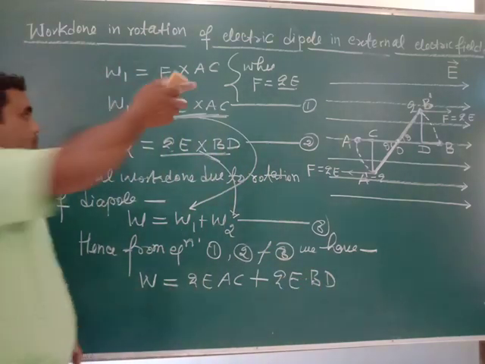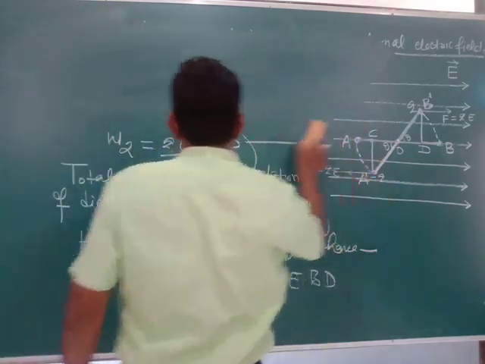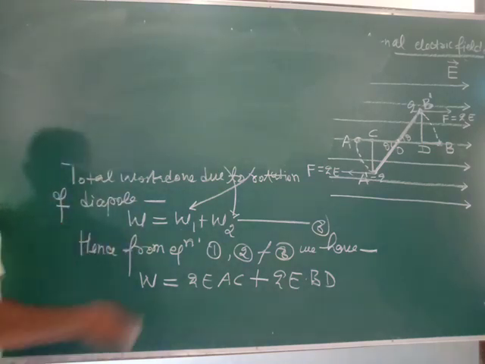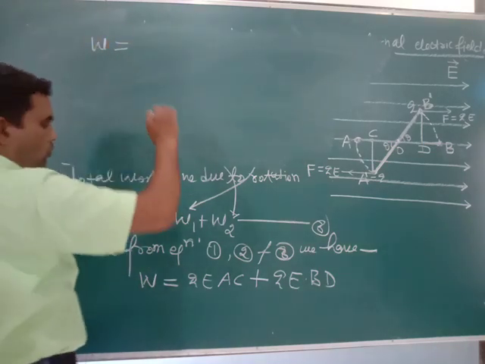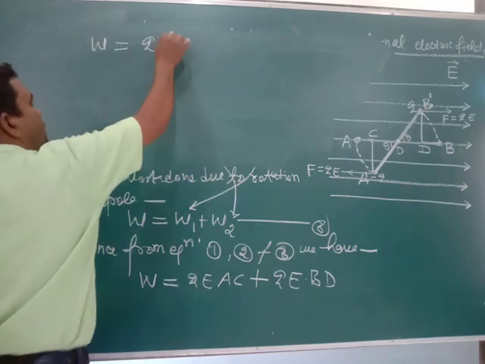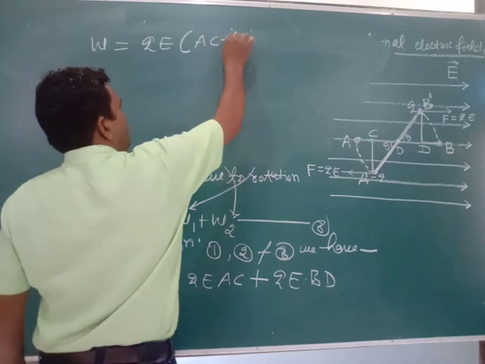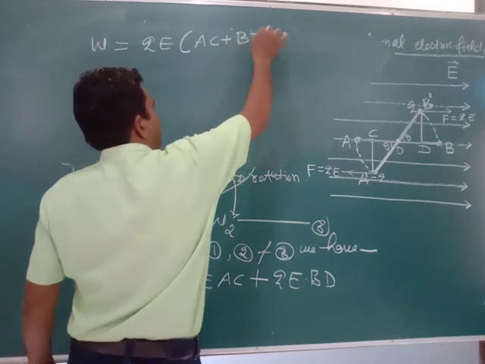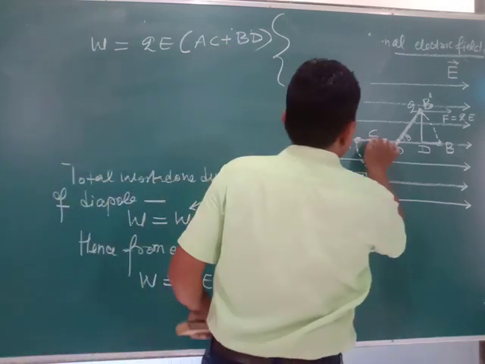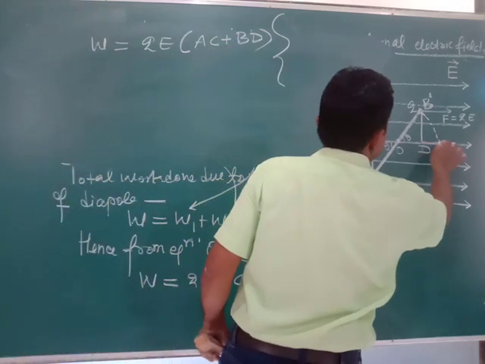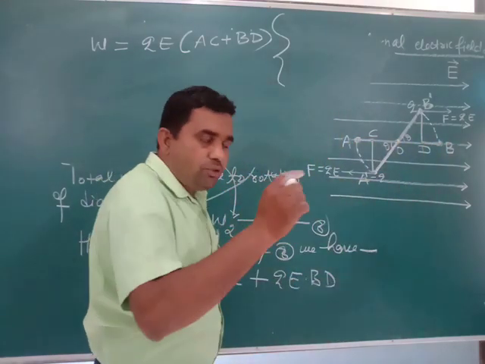Next, the total work done is taken as W is equal to qE in bracket AC plus BD, where AC and BD both have the same value.